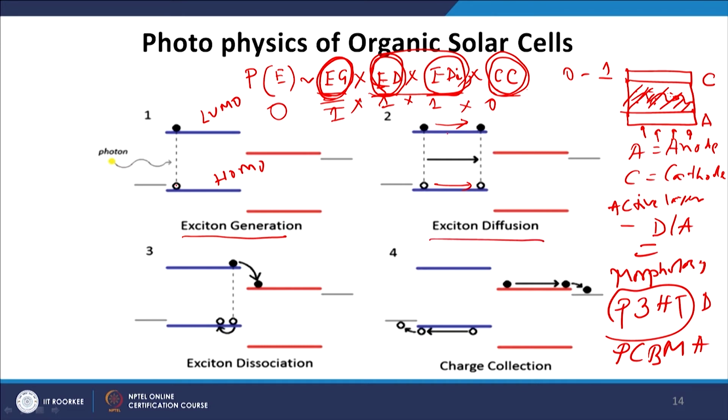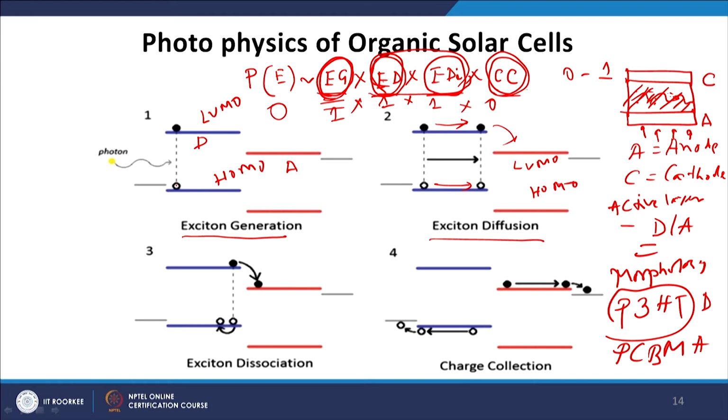Now, this blue color is a donor material and this red color is an acceptor material. So, the charge carrier has been generated in the donor material and it has now diffused. Now, it looks for an acceptor material in its vicinity, that is your donor acceptor interface. The energy level matching is such that it is energetically favorable for the electron to jump to the LUMO level of the acceptor.